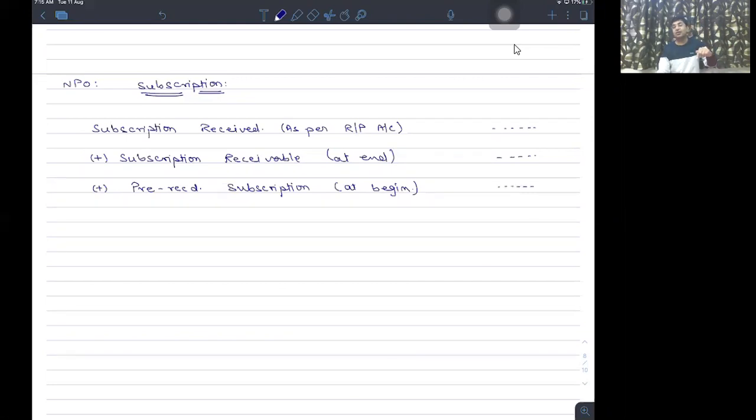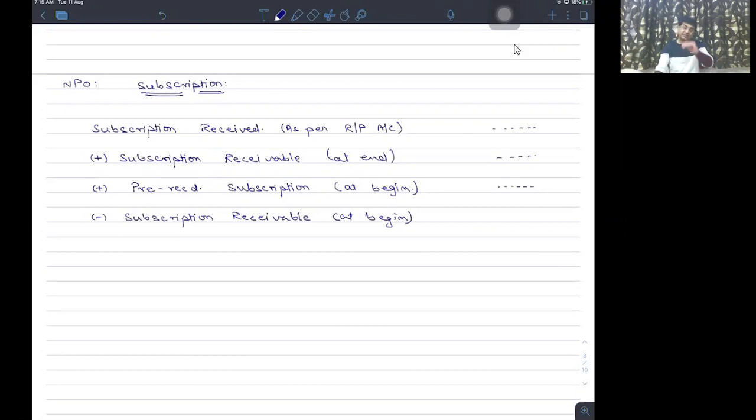because it is not included in this year's receipts and payments account amount. Then subtract subscription receivable at beginning. Why do I need to subtract the subscriptions receivable at the beginning? Understand, it is the income of previous year as per the opening balance sheet, as per the opening balances, as per the trial balance, but received in this year.